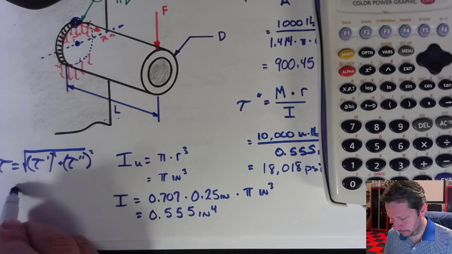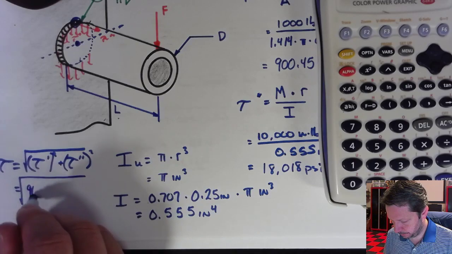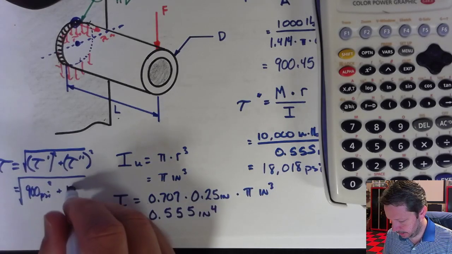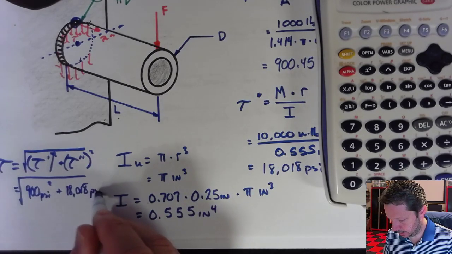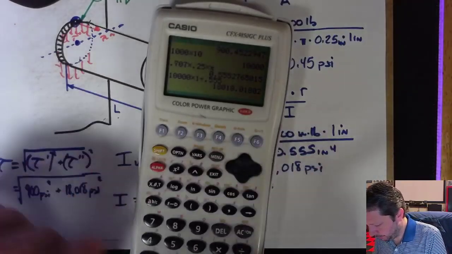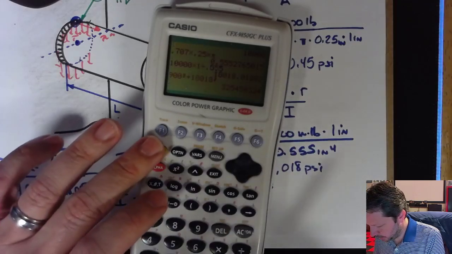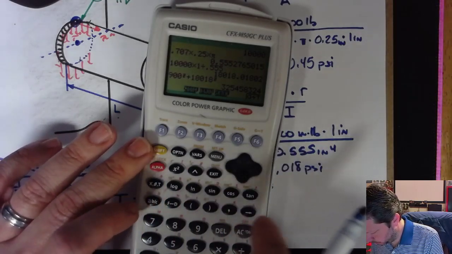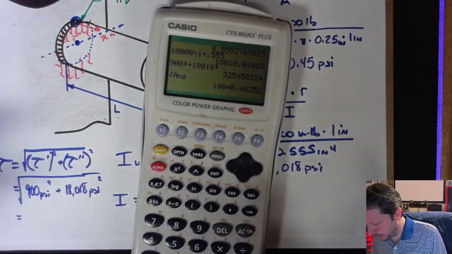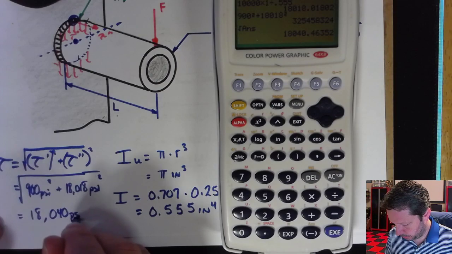Our primary was 900 psi squared, plus our secondary was 18,018 psi squared. 900 squared plus 18,018 squared, take the square root, and that gives 18,040 psi.